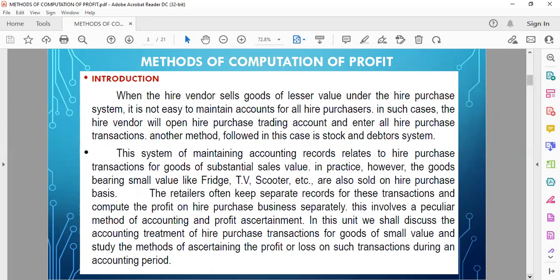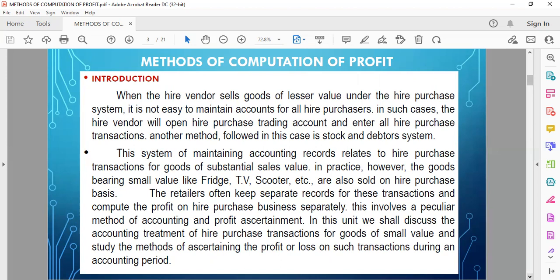Another method followed in this case is the stock and debtor system. This system of maintaining accounting records relates to hire purchase transactions for goods of substantial sales value. In practice, however, goods bearing small value, like the fridge, TV, scooter, etc., are also sold on hire purchase basis.